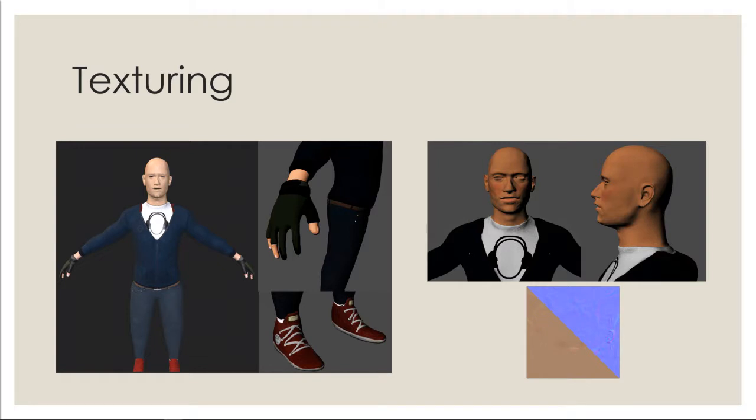This slide gives an overview of the texturing I did on this character. I used Substance Painter to texture the model. The images on the left show the full body and a close-up of the hands. I used the polygon select tool to select parts of the model to paint. In the top right is the character's head.